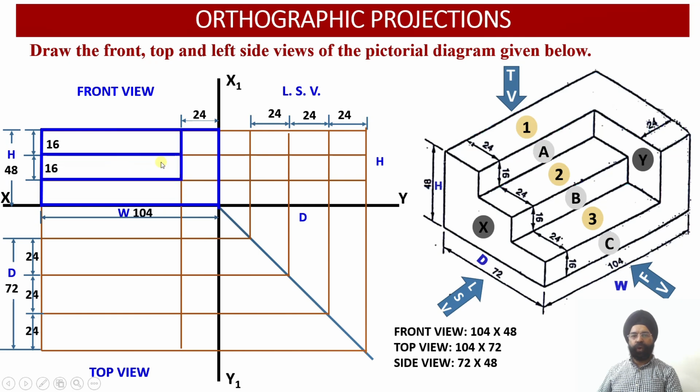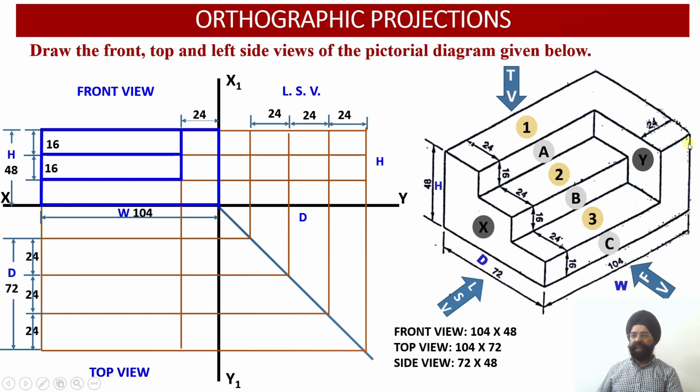If I join these surfaces, please see, I have drawn these 2 lines. Now this is the surface A, which I am able to see from this portion. This is my surface B, 80 millimeter by 16 millimeter, and this one, 16 by 80, is element 1 of surface C, and then element 2 of surface C is this one.